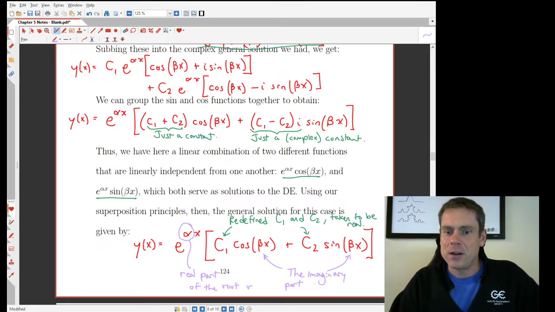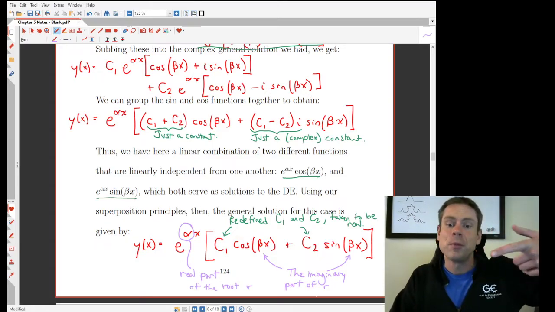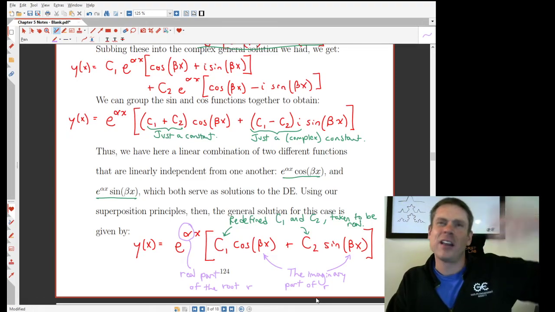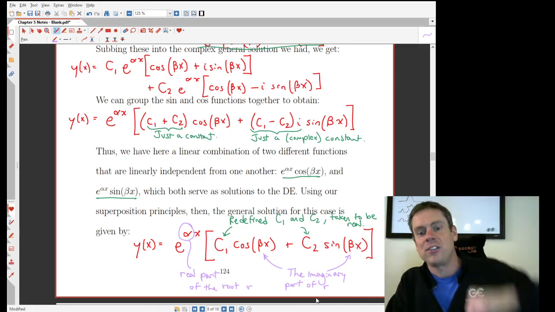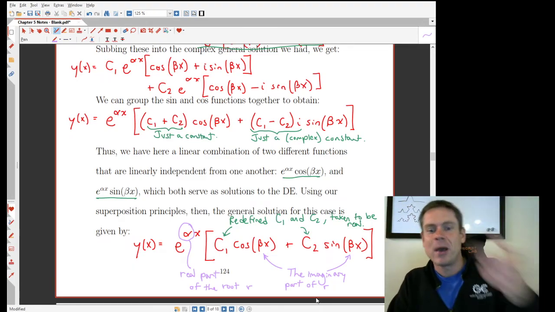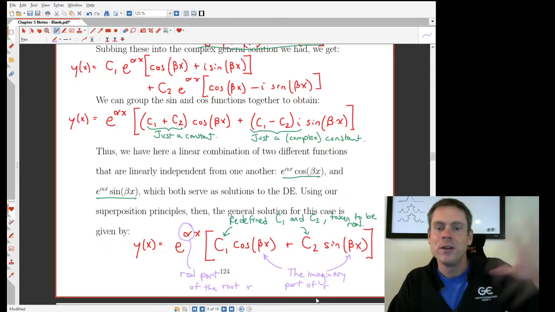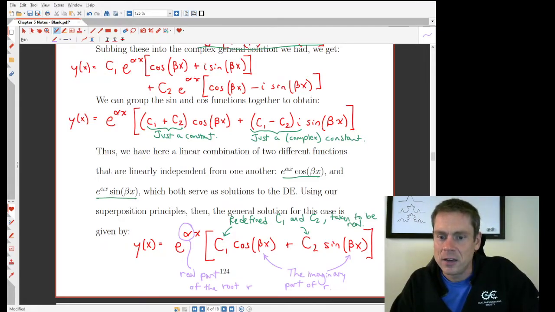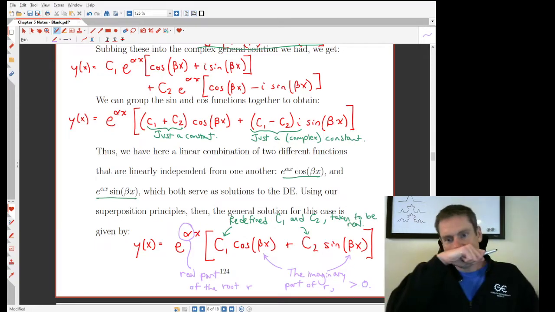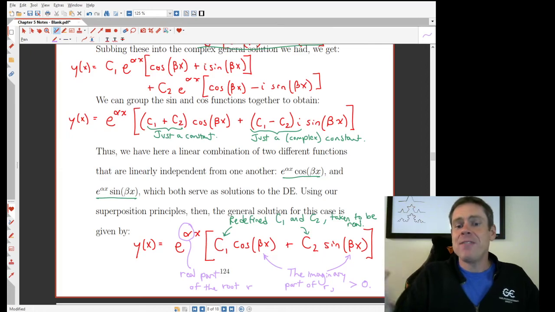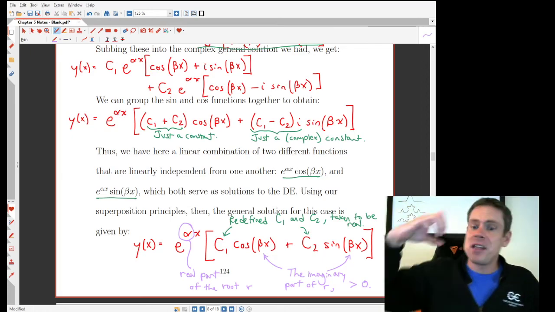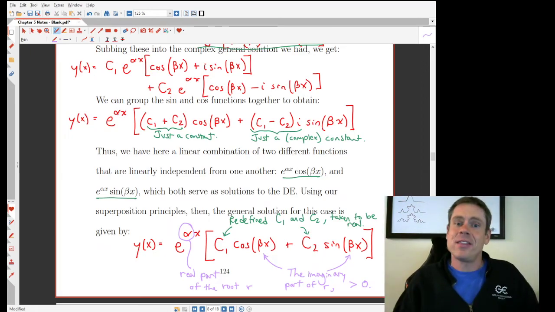But we are going to assume that we take a positive value. So if you get like a plus or minus 2, you just take a 2 there. And you're kind of saved by the fact that you have the C1 and the C2 in front that would be able to adjust for that. So we'll say that this is greater than 0.